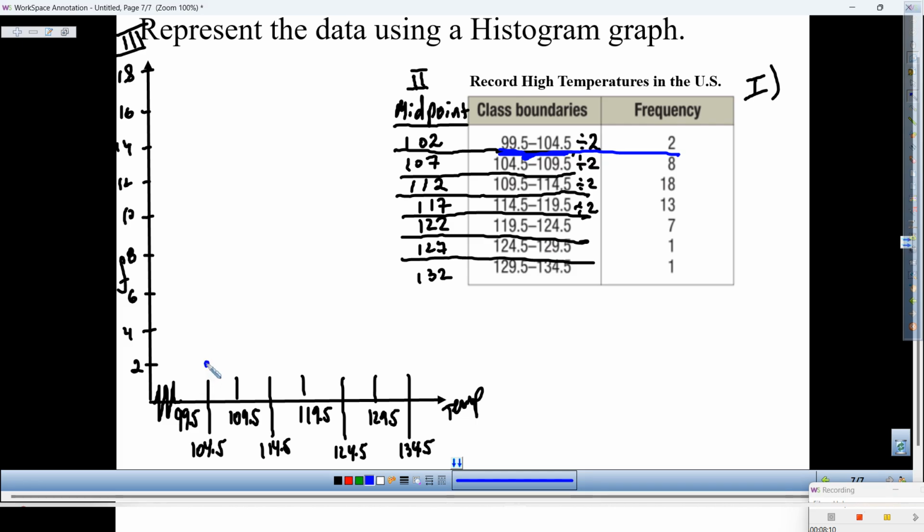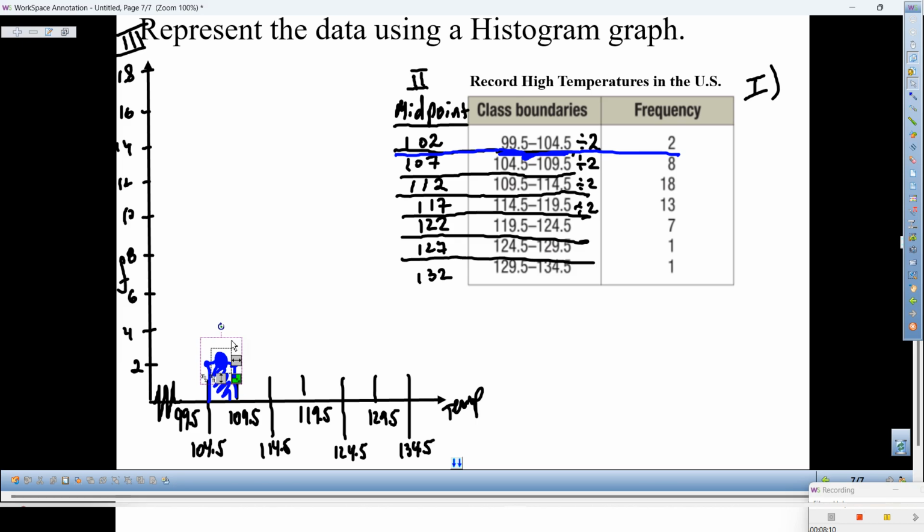99.5 to 2, 109.5 to 2. Now I'm going to use my midpoint. Connect them, close it, shade it. Copy that. Piece of cake. Let's go. Oh, my bad. I moved over one. Sorry.